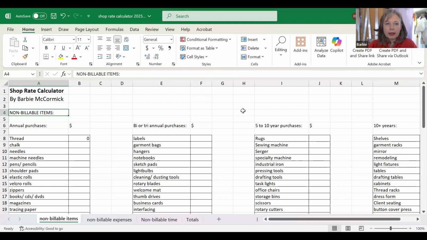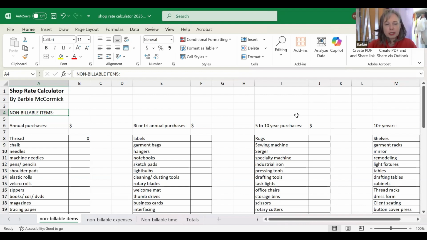items. And those are items that you have to buy for your business that are not directly billable to a single client. For instance, if I'm doing a bunch of embroidery on a wedding gown and I order in specific threads to do that embroidery, that gets billed directly to that wedding gown.